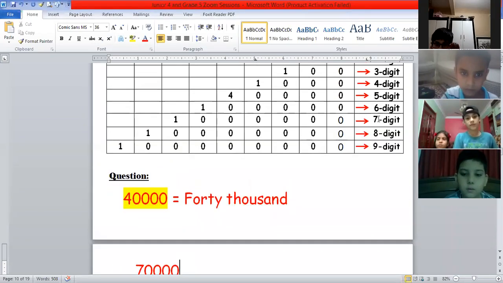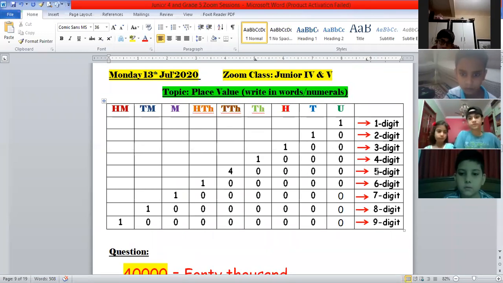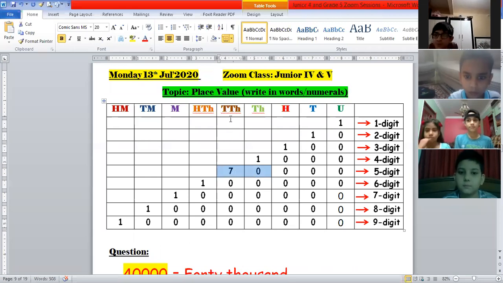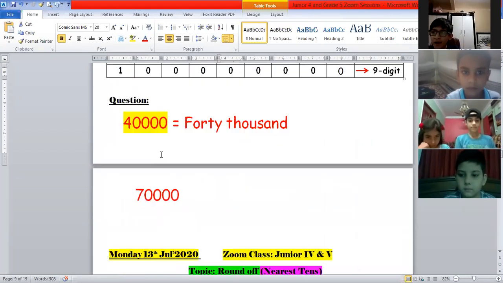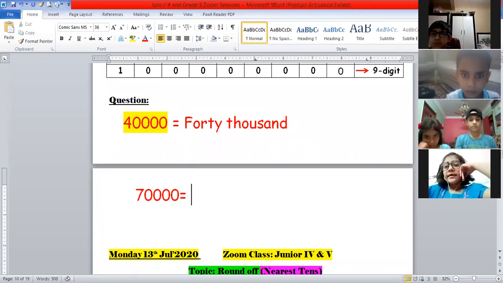We have to observe our place value chart: where the 5 digits are, it's the 10,000 place. So we write 7 in the 10,000 place, and we'll read it as 70. Then we'll read thousand. So how can we write 70,000? Who is going to tell me the spelling of 70?